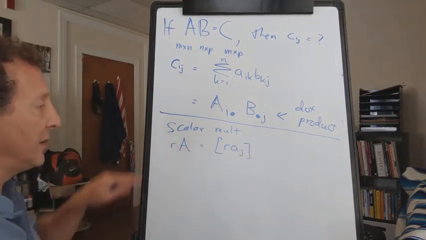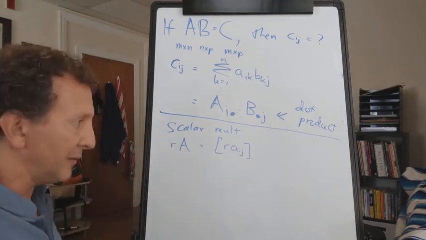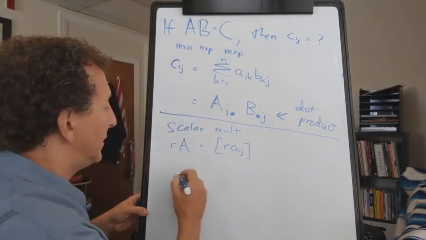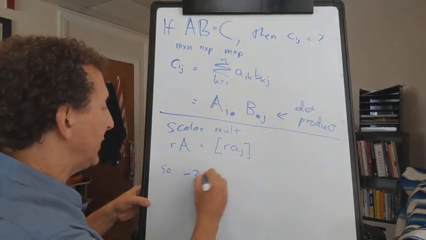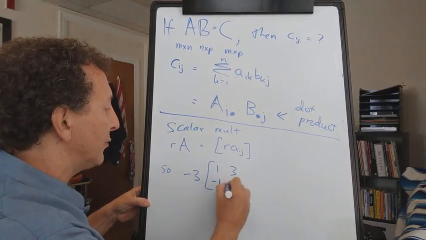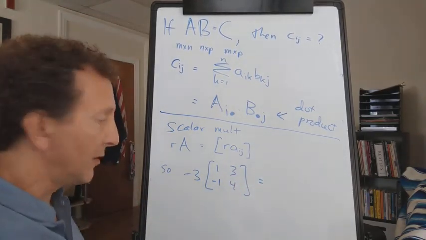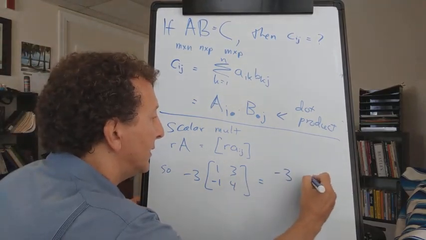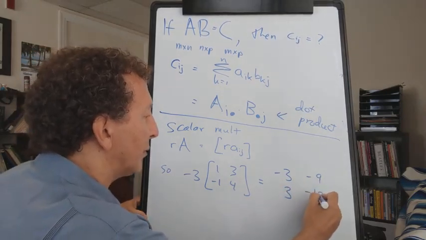The ij entry of this scalar product of r and A is just r times the ij entry of A. So if we have, for example, negative 3 times the matrix 1, 3, negative 1, 4, we just multiply all the entries of the matrix by negative 3 and get negative 3, negative 9, 3, negative 12.